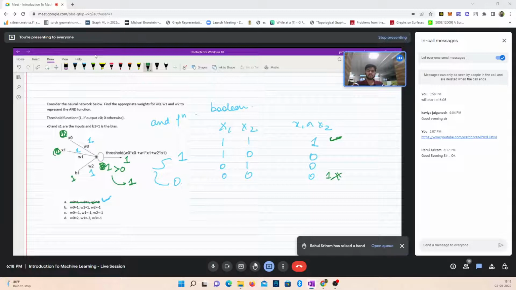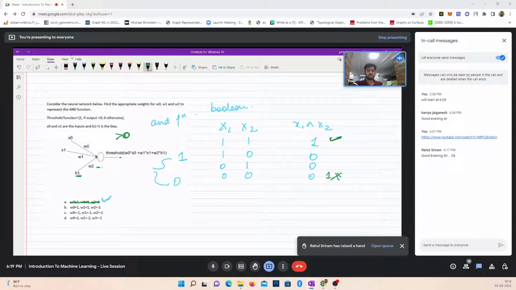Rather than looking at every option, let's see how we can find an accurate value. What we want is, if both the values are 1, we want the sum to be greater than 0. If any one of them is not 1, then we want it to be 0. So this B1 can play a very vital role over here.